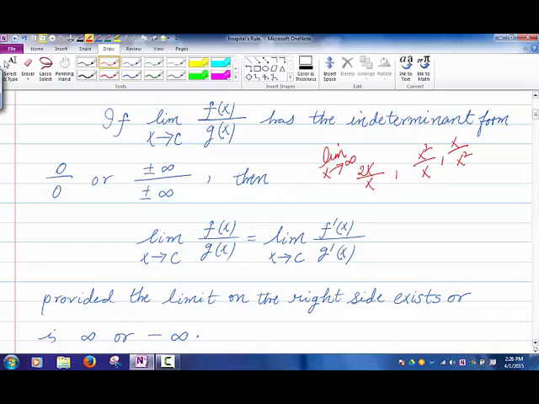What is the limit form in each case? Infinity over infinity in all three cases.